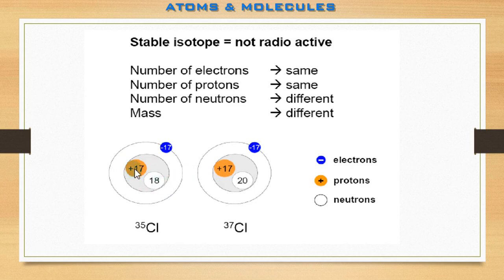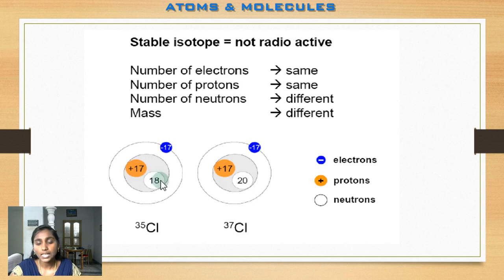The chlorine atom has 17 protons and 18 neutrons. And this negative charge is the electron. This electron is always revolving around the nucleus. This is a model of an atom. Each atom has a nucleus, and this nucleus contains protons and neutrons.